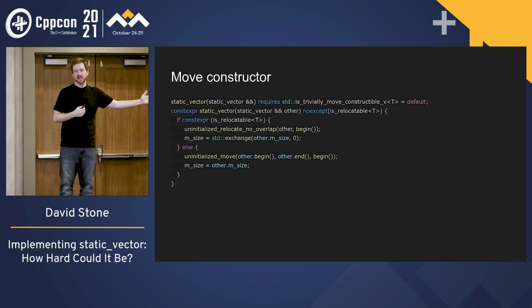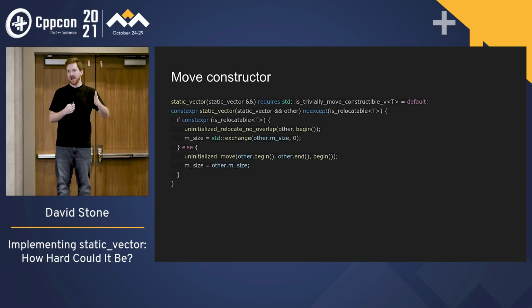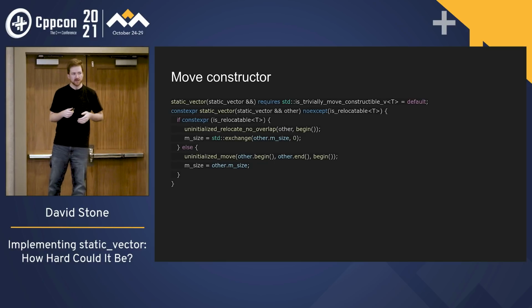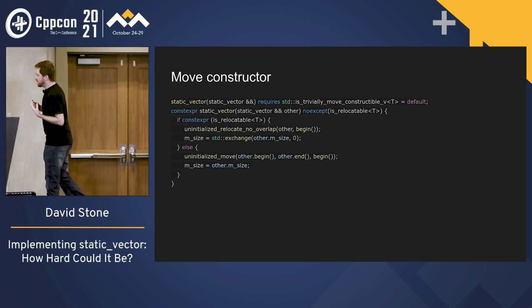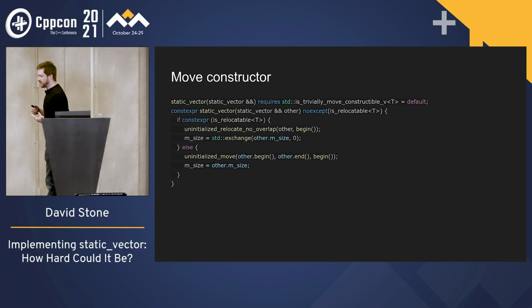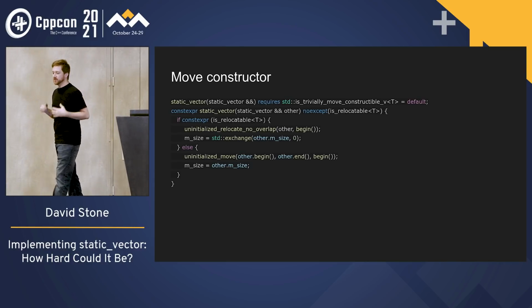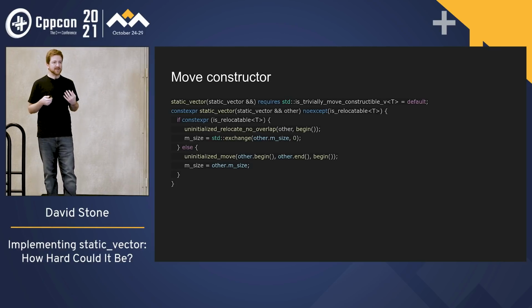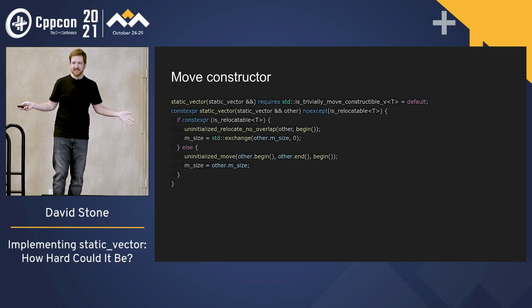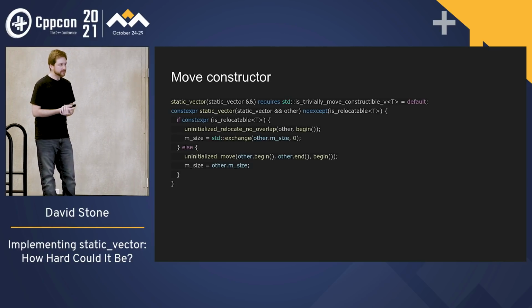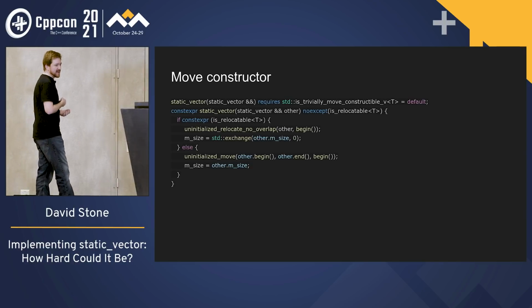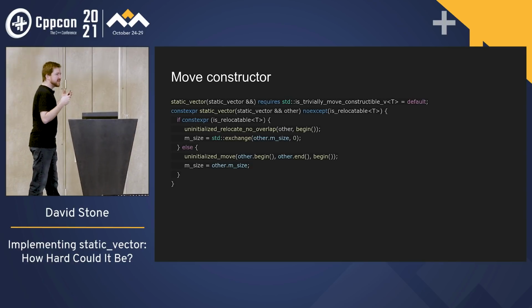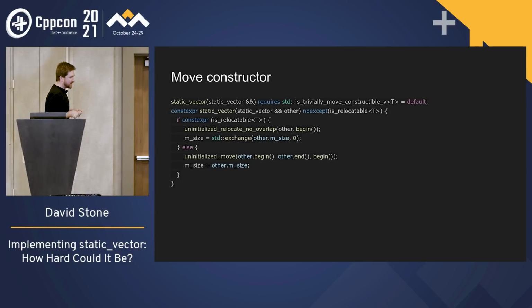So we visit each element in the source once, both in terms of closest together, but also in terms of iteration. And this has very large performance benefits for certain source ranges, and also makes it a lot easier for the optimizer to see exactly what's going on and optimize things away down to nothing. So uninitialized relocate no overlap handles that behavior.